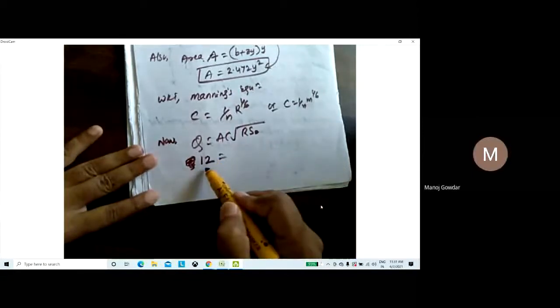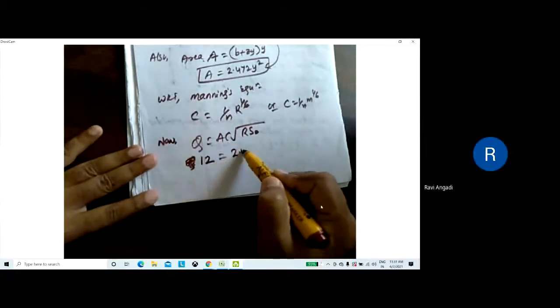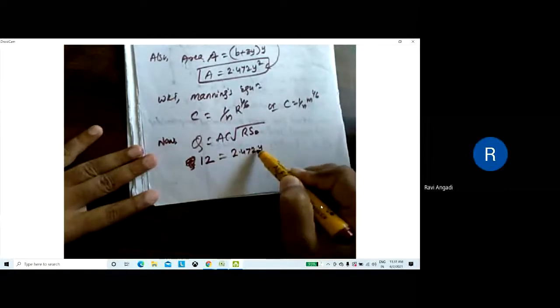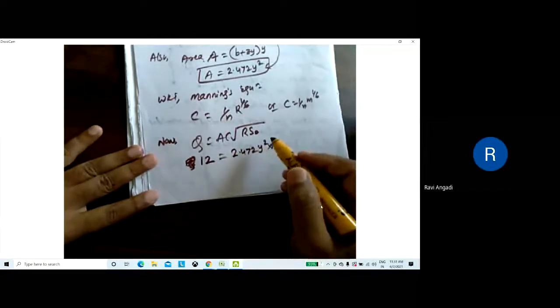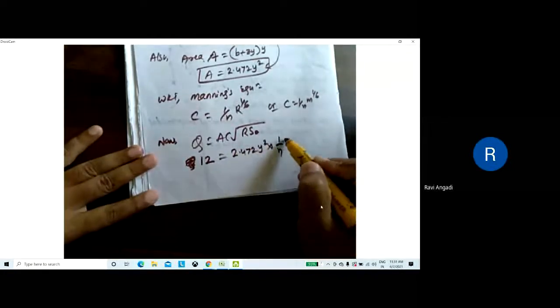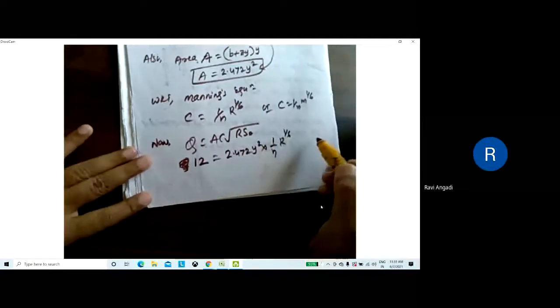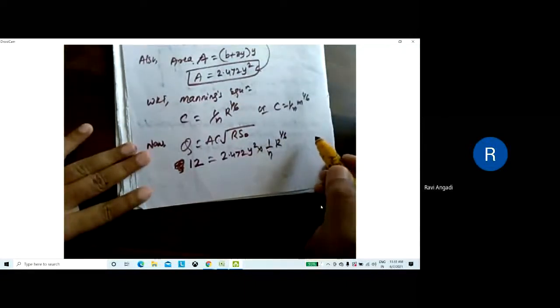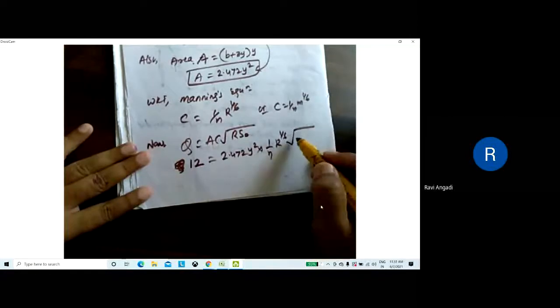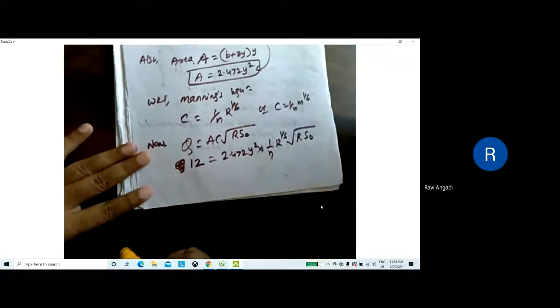Yes, sir. What is the area already calculated? 2.472 y square. Then the value of C is 1 by n R to the 1 by 6, then the square root of R into S0.